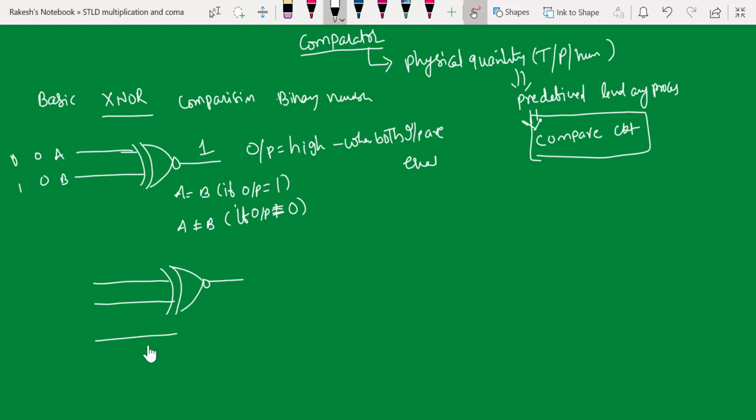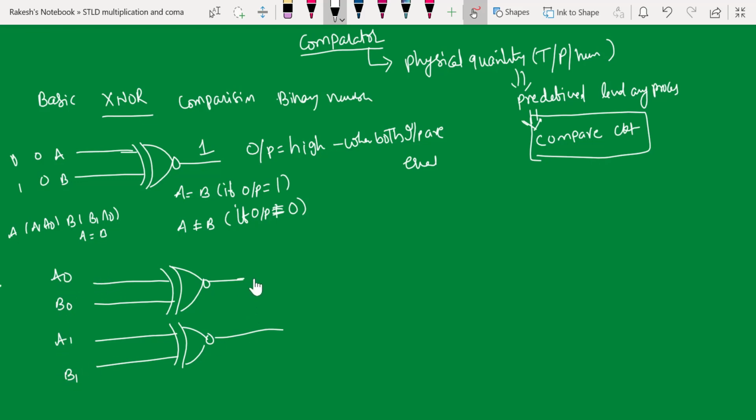What you are going to do is use 2 XNOR gates, one for A0 B0 and another for A1 B1. So if my A bits are A1 A0 and B bits are B1 B0, and I want to say A equals B, I have to fulfill the condition that both A0 B0 should be 1 as well as A1 B1 also 1.